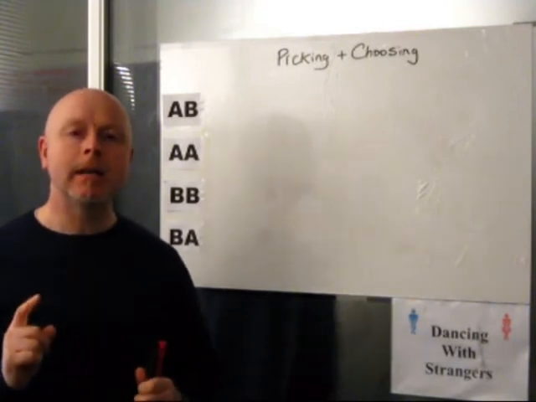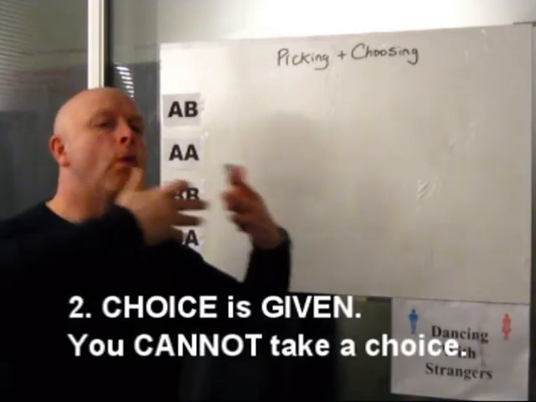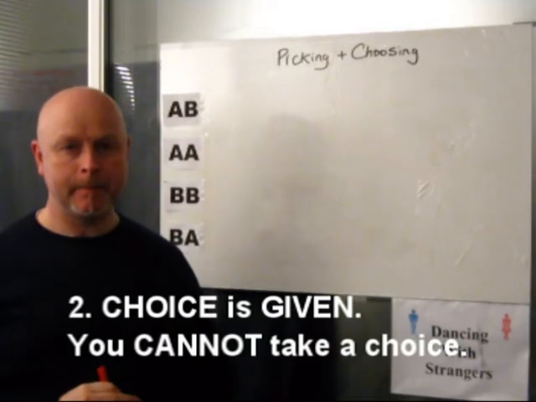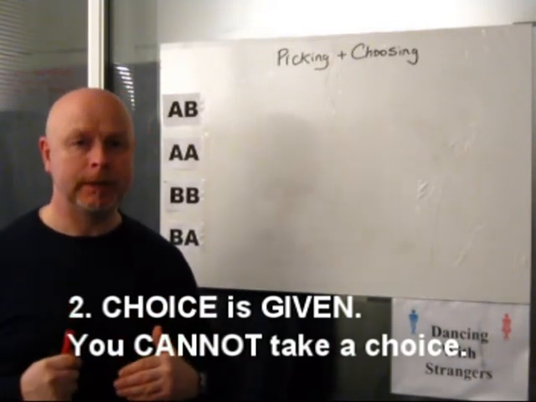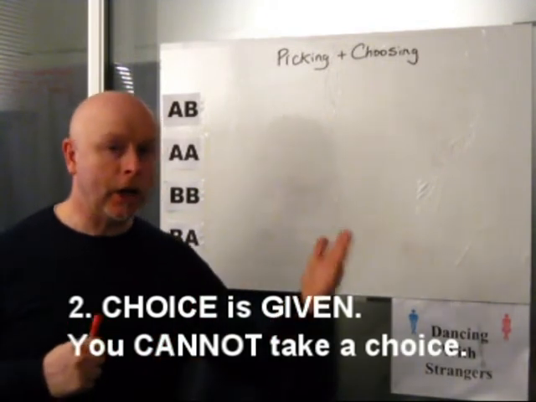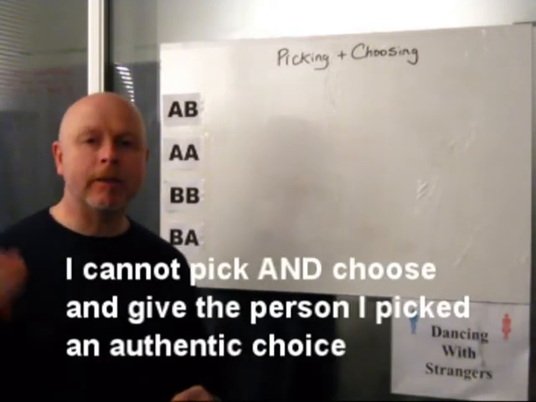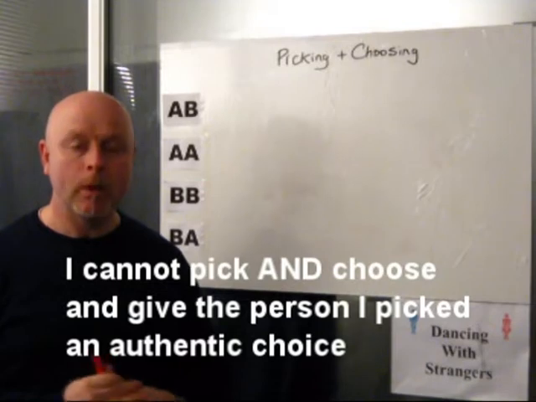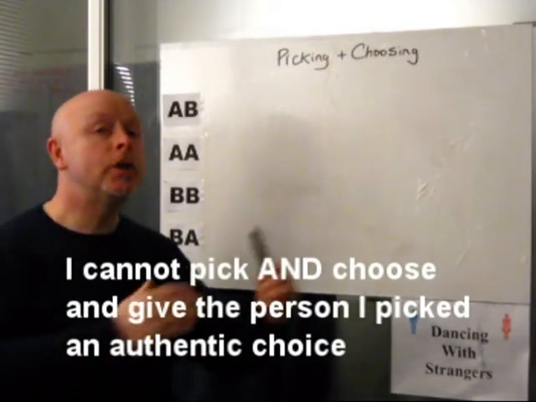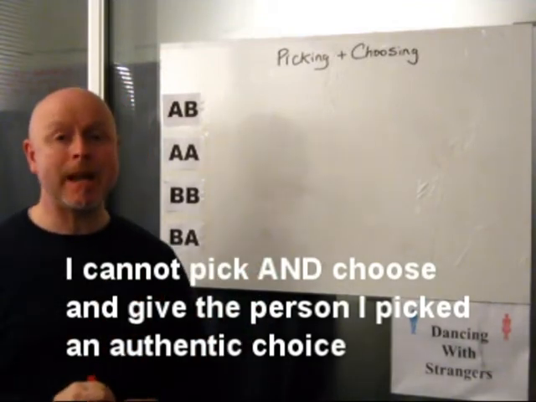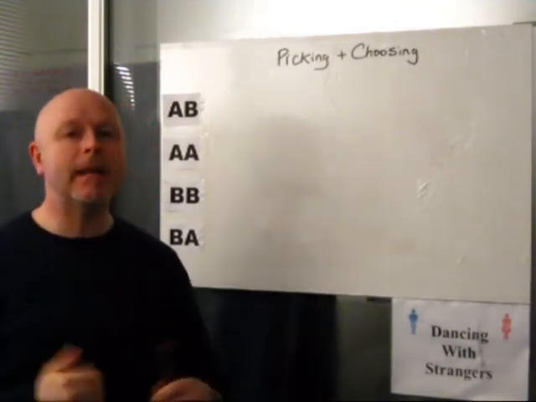Choice, on the other hand, is something that you give to the one that you picked. So I can't pick and choose. I get to pick a girl, and in so doing I give her a choice. What I can do is pick her and authentically choose her at the same time, because she'd have to give me that choice.